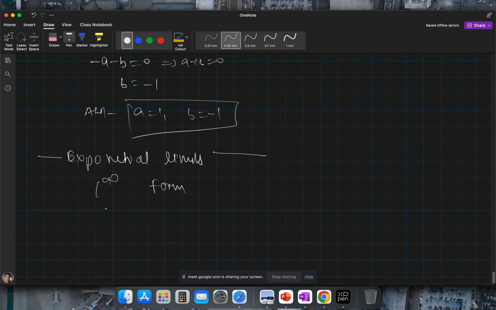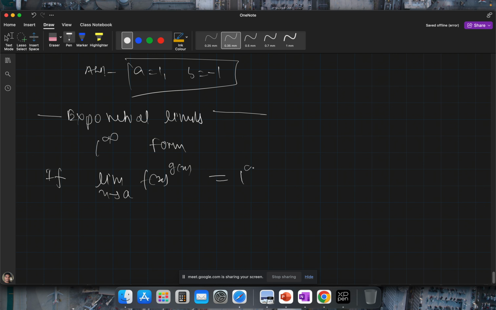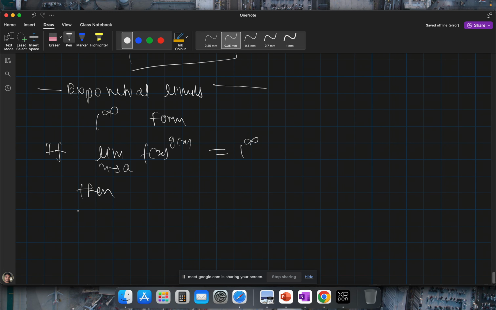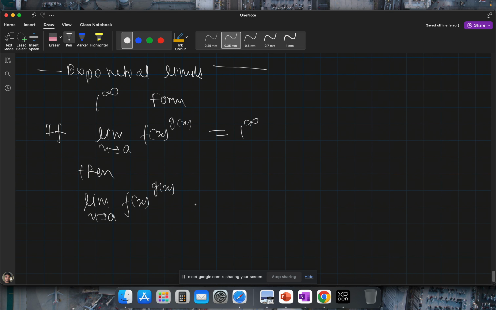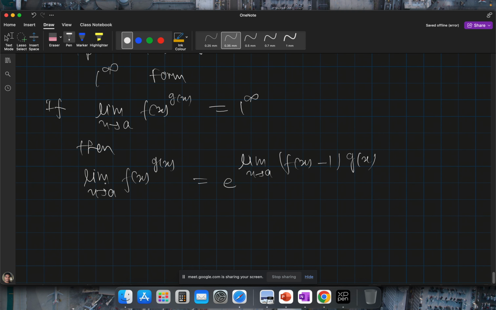So if the limit as x approaches a of f(x) to the power g(x) leads to 1 raised to the power infinity, then we can use the formula: limit x tends to a of f(x) to the power g(x) equals e raised to the power limit x tends to a of (f(x) minus 1) times g(x). This is the formula.